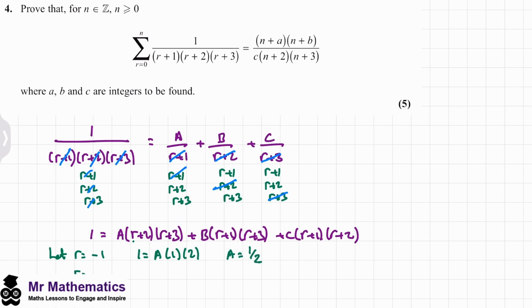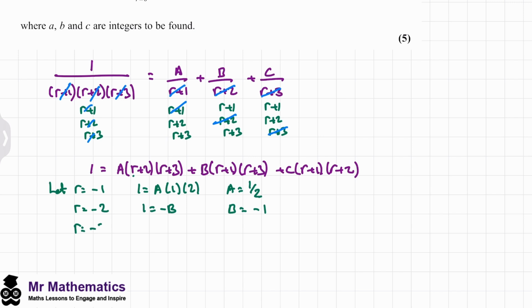If we let r equal -2, the a terms will cancel, the c terms will cancel, so we've got 1 will equal -1 and +1, so minus b, so b will equal -1. Then if we let r equal -3, the a terms will cancel, the b terms will cancel, so we've got 1 will equal c lots of -2 multiplied by -1, so c will equal, again, 1/2.